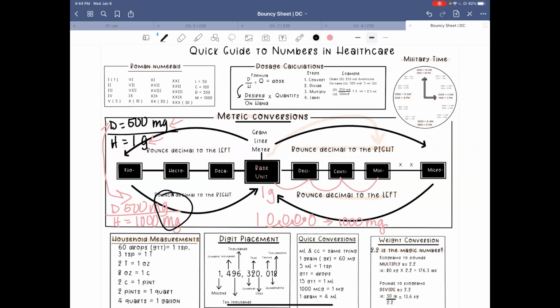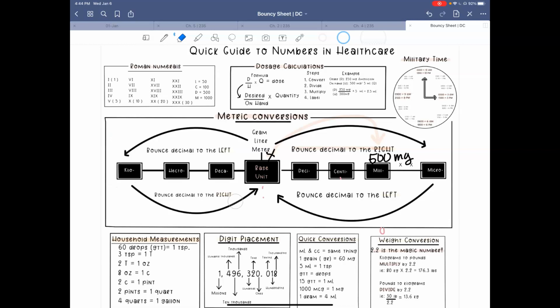So if we were going the other way and we had 500 milligrams and we wanted to figure out how many grams that is, then we would start here at milligrams and then bounce to the left because we're going this way.